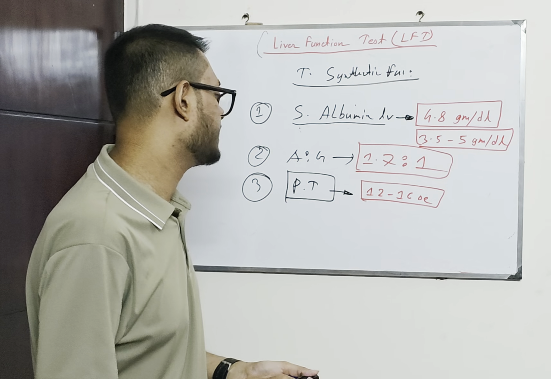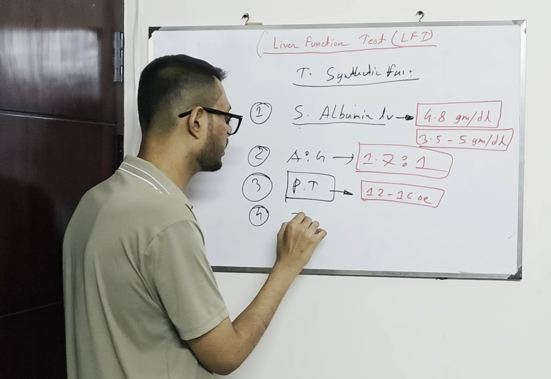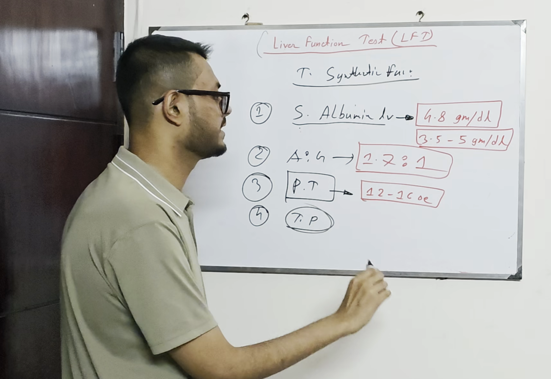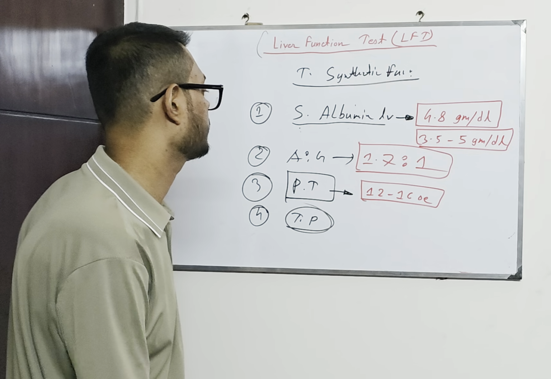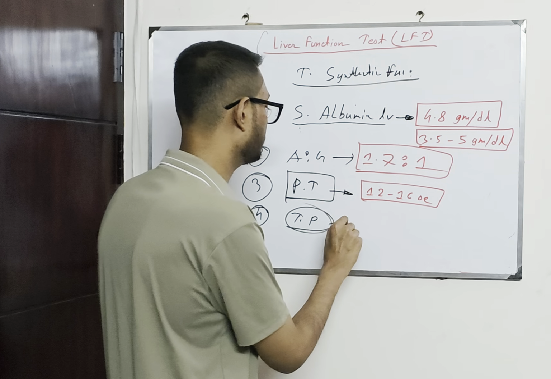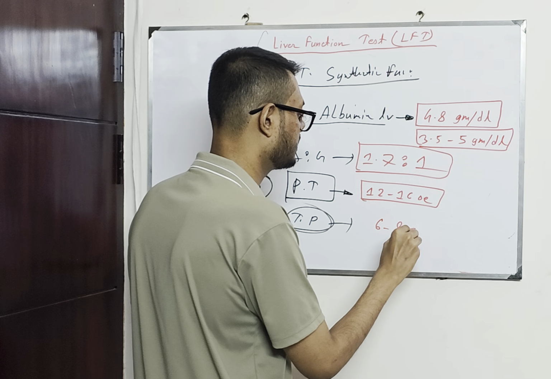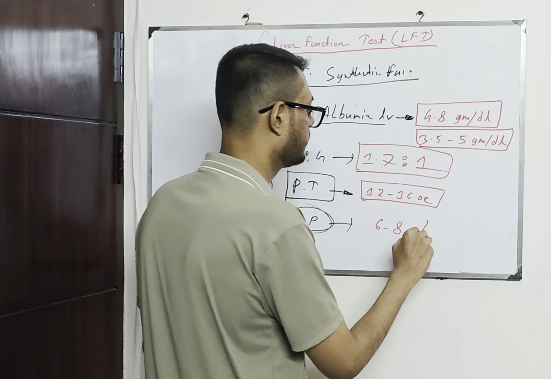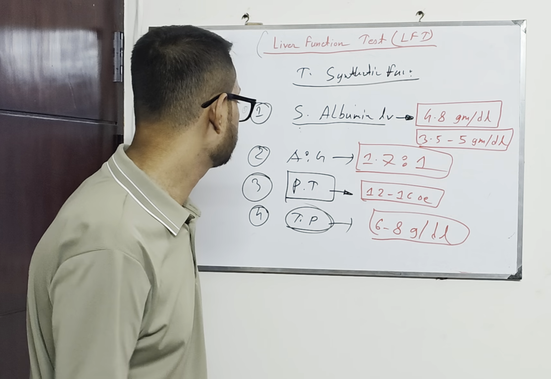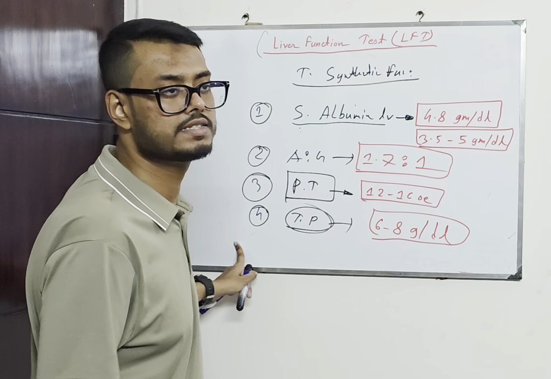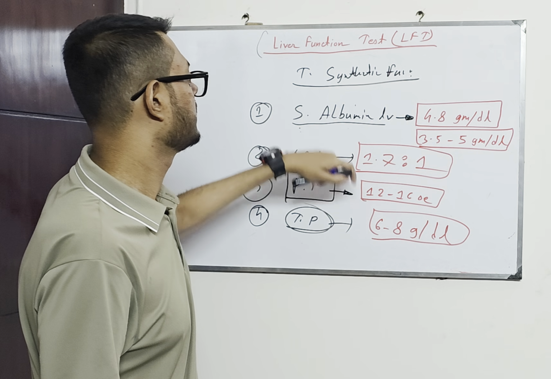Another thing we can see is the serum total protein concentration. The normal value is 6 to 8 gram per deciliter. So these are the 4 things we can assess in case of test for synthetic function.